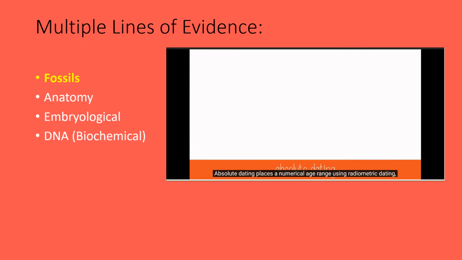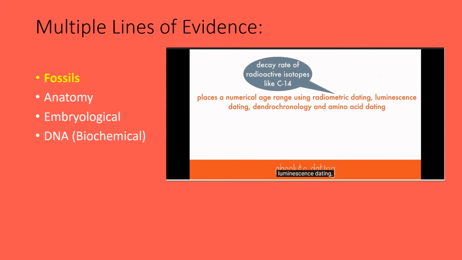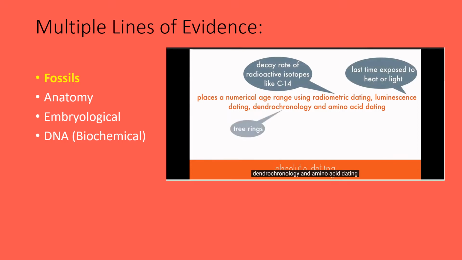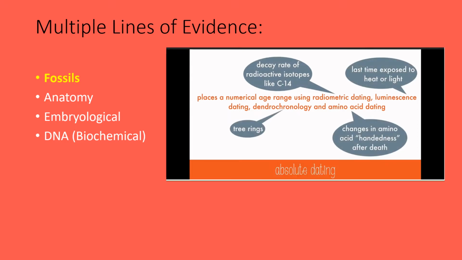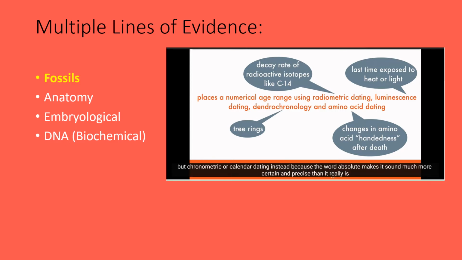Absolute dating places a numerical age range using radiometric dating, luminescence dating, dendrochronology, and amino acid dating. Some scientists prefer not to call it absolute, but chronometric or calendar dating instead, because the word absolute makes it sound much more certain and precise than it really is.